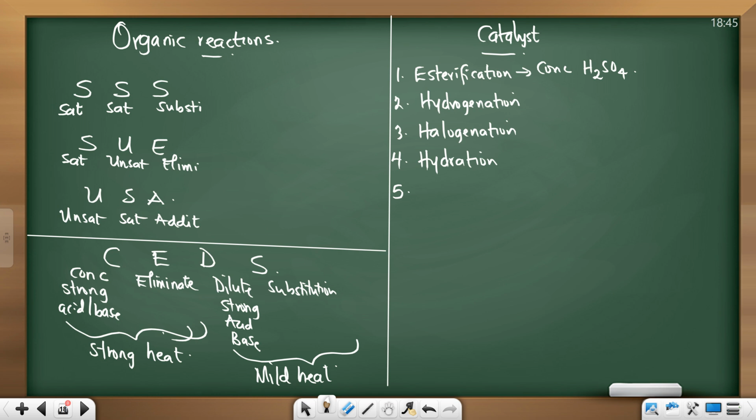Hydrogenation, we use platinum or nickel. Halogenation, we use UV light. Hydration, we use phosphoric acid.